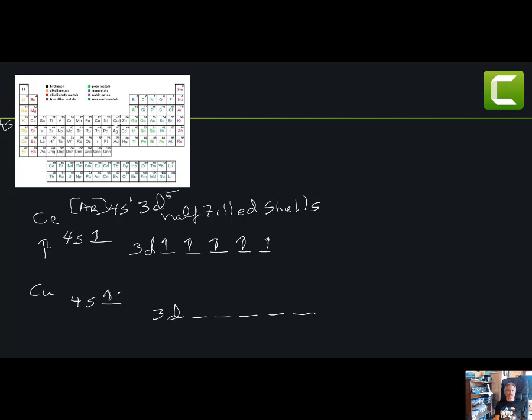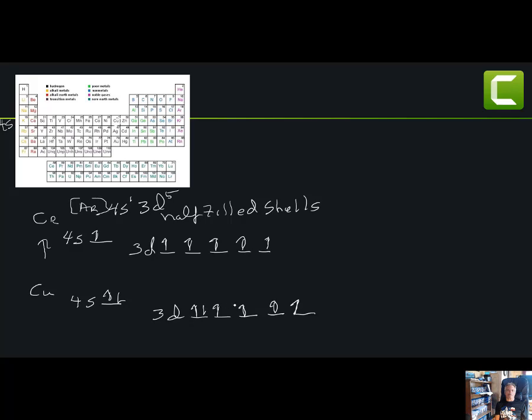Once the 4s is full, just think of it as two cats in a bag. It's pretty energetic in there. And then if we look at copper, we've got 9 electrons in the d subshell. So we're going to obey Hund's rule and just have spin up electrons.